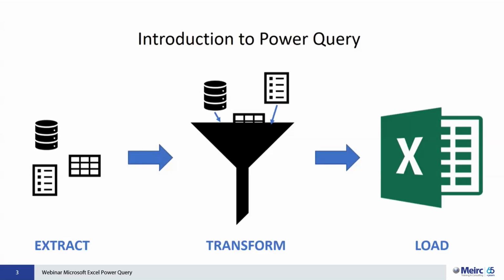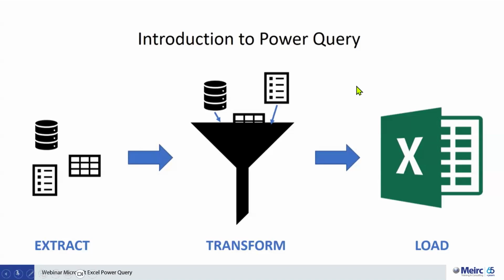We can transform the data through the Power Query. Once we are satisfied with the final data shape, then we can load it back into Excel, and then we can utilize the data in our reporting, dashboards, whatever is the situation that we need the data for.